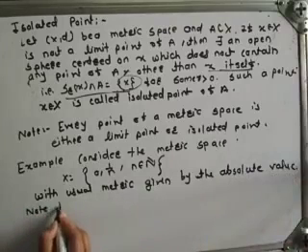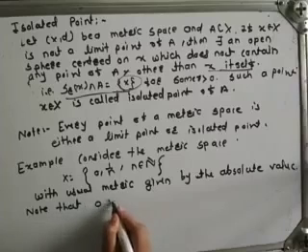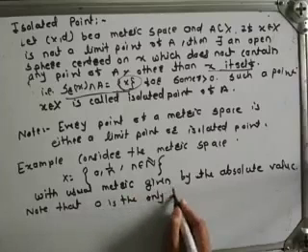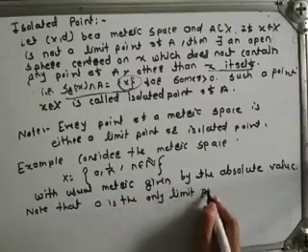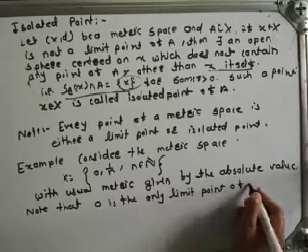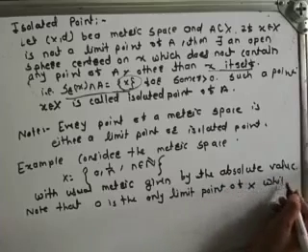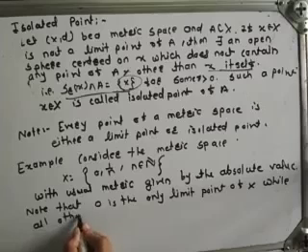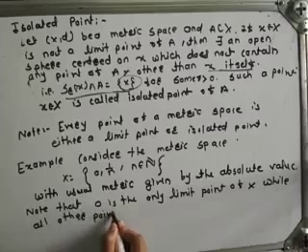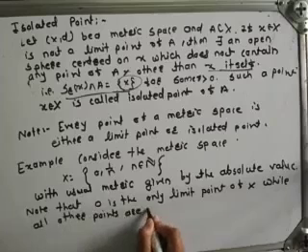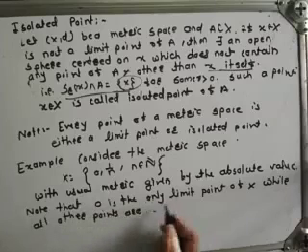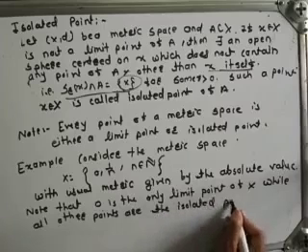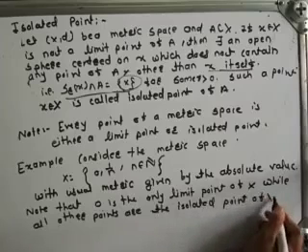Note that 0 is the only limit point of X, while all other points are isolated points of X.